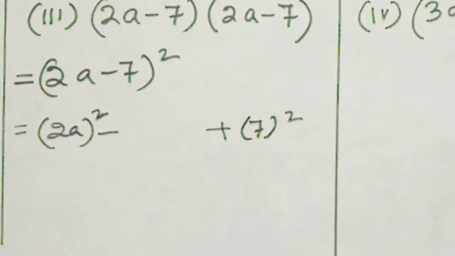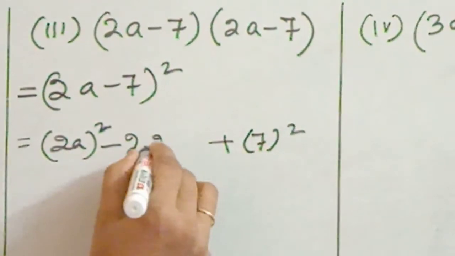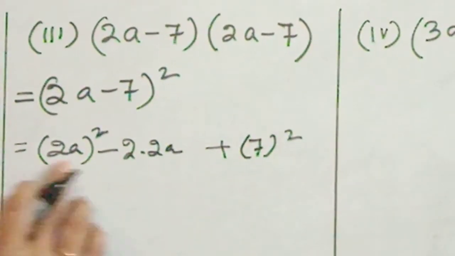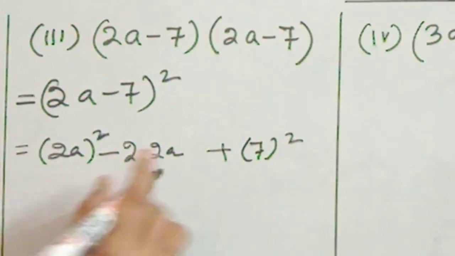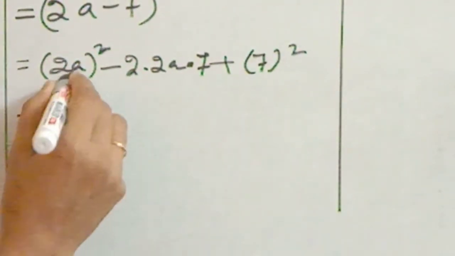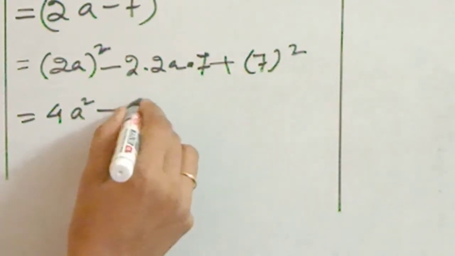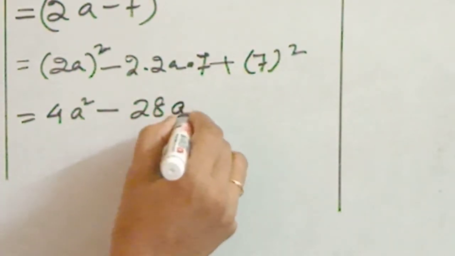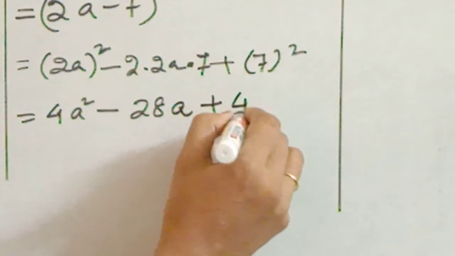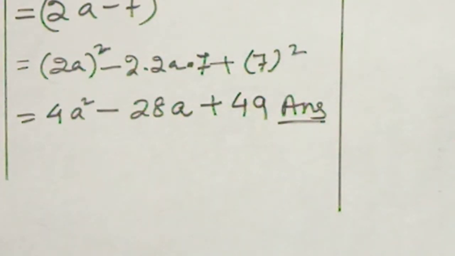Keep it in your mind. So now 2 into a is 2a. Here we are considering a as 2a and b as 7. Now what is the result? 2 2s are 4, a square, minus 2 into 2 is 4, 4 7s are 28, a, plus 7 7s are 49. This is the answer of this sum.